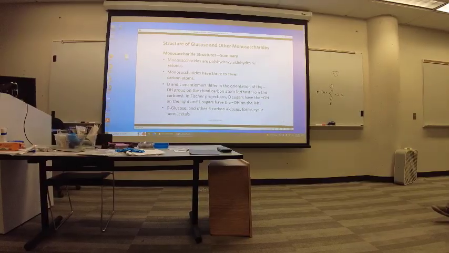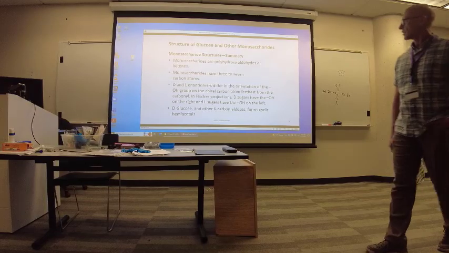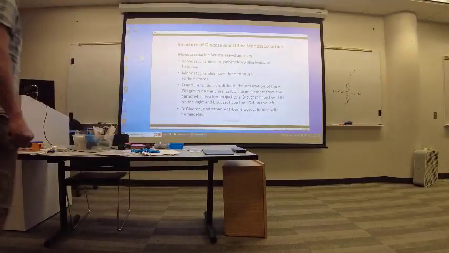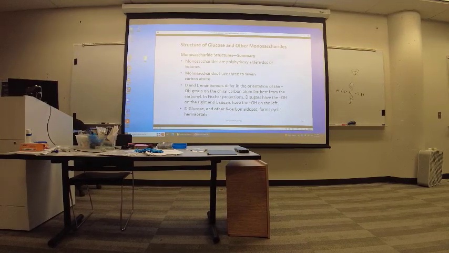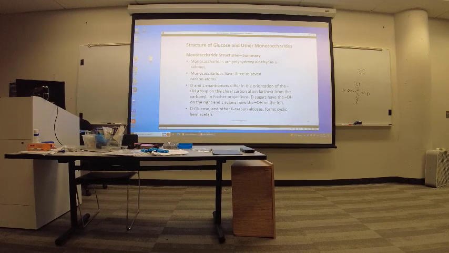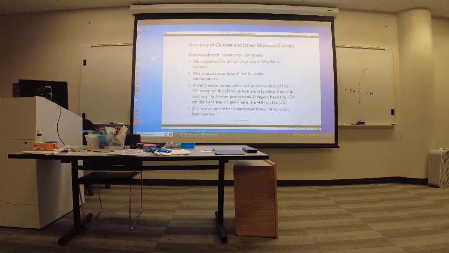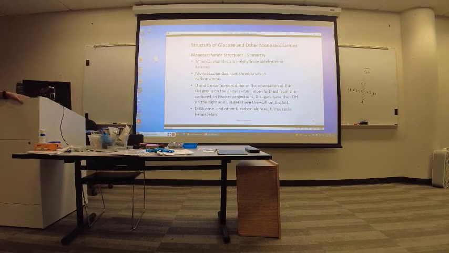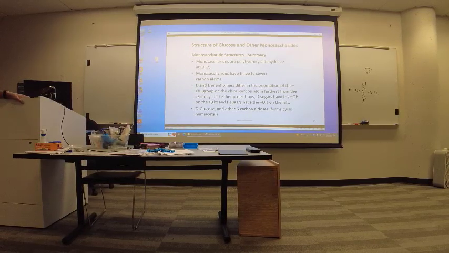So monosaccharides have 3 to 7 carbons. D and L anomers differ in the orientation of only the OH group on the carbon farthest from the carbonyl group, right? D on the right, L on the left, right?